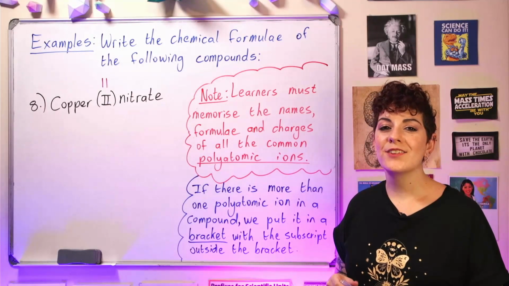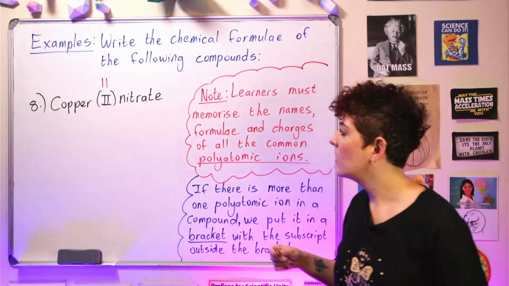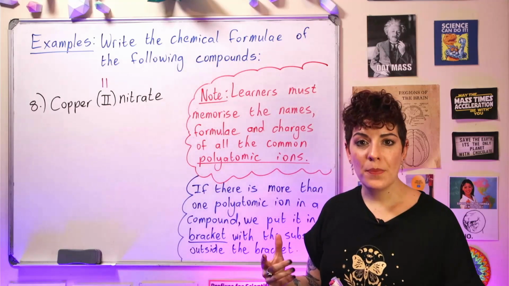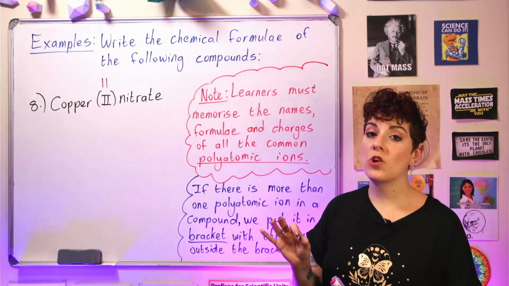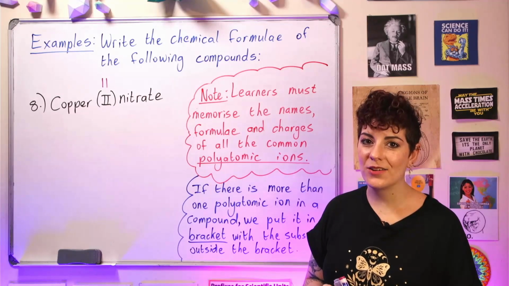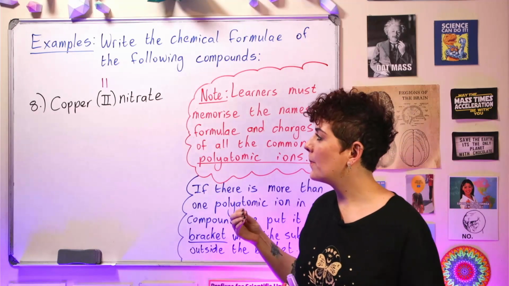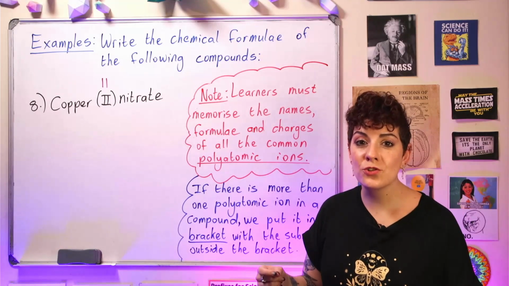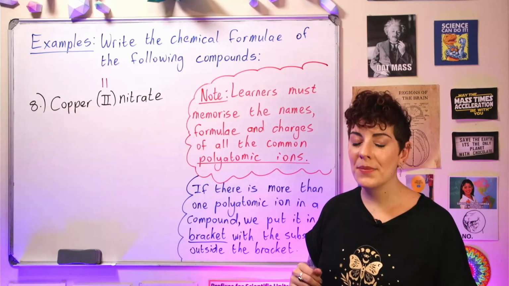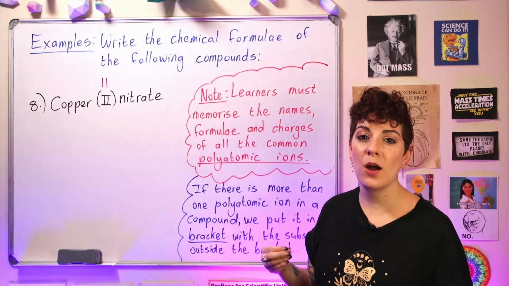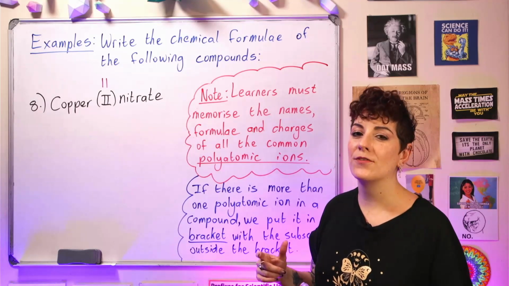Okay, on to example 8, which is called copper 2 nitrate. This compound has not only a transition metal, but also a polyatomic ion. Now, the specific copper ion we are dealing with is the Cu+2 ion. Copper, remember, is a transition metal, and in this example, we're dealing with copper that has a valency of 2.